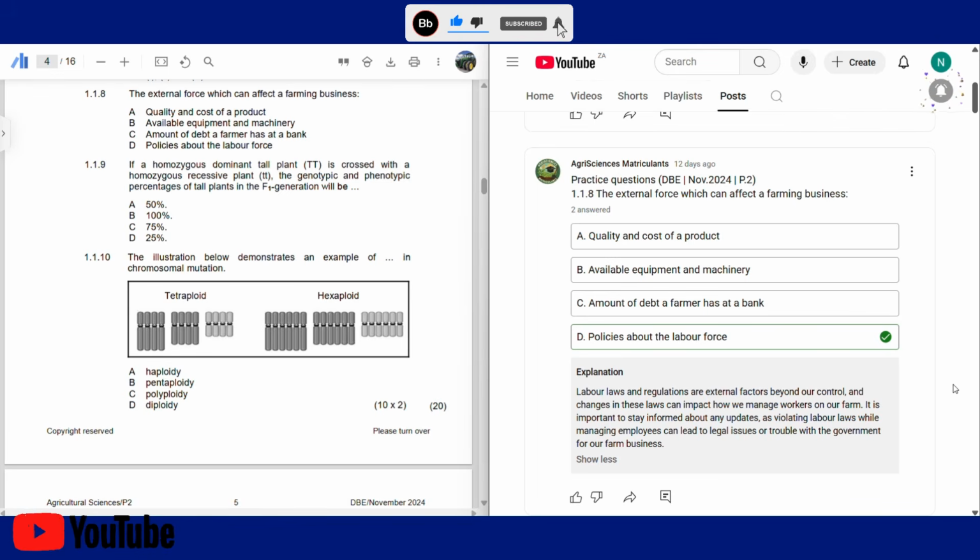It is important to stay informed about any updates as violating labor laws while managing employees can lead to legal issues or trouble with the government, and this can impact our farming business in a negative way.